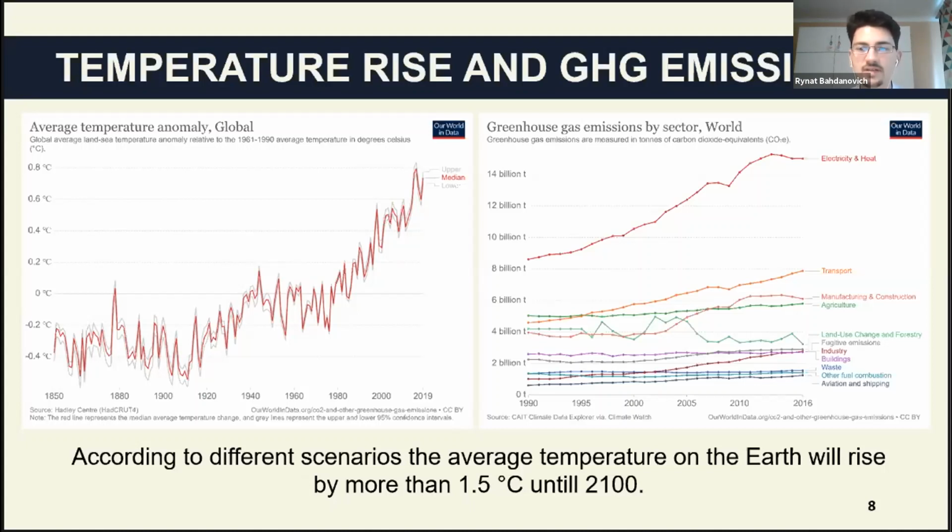To keep the increase at 1.5 degrees level will require a very urgent and rapid reduction in global greenhouse gas emissions. As you may know, this year global CO2 emissions decreased because of the COVID-19 pandemic.